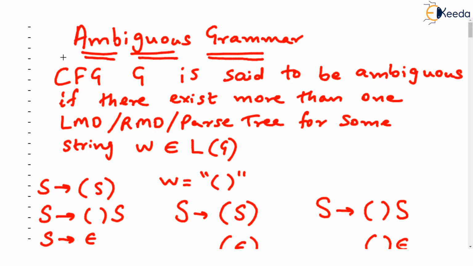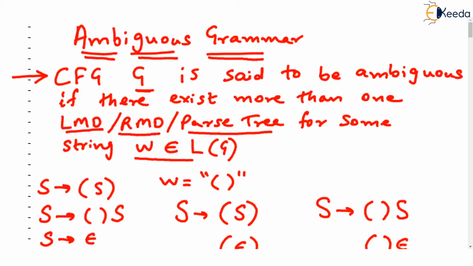The definition of ambiguous grammar is that a CFG, let's say G, is said to be ambiguous if there exists more than one leftmost derivation or more than one rightmost derivation or more than one parse tree for some string w which is an element of L(G). Now you know what this means, w element of L(G).